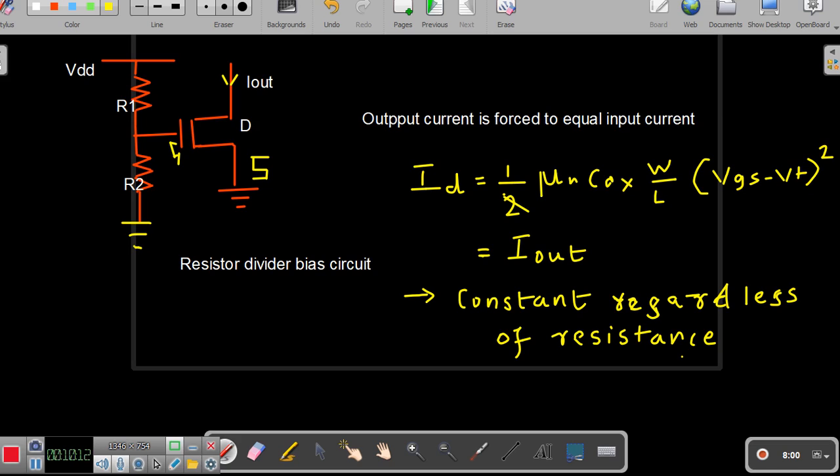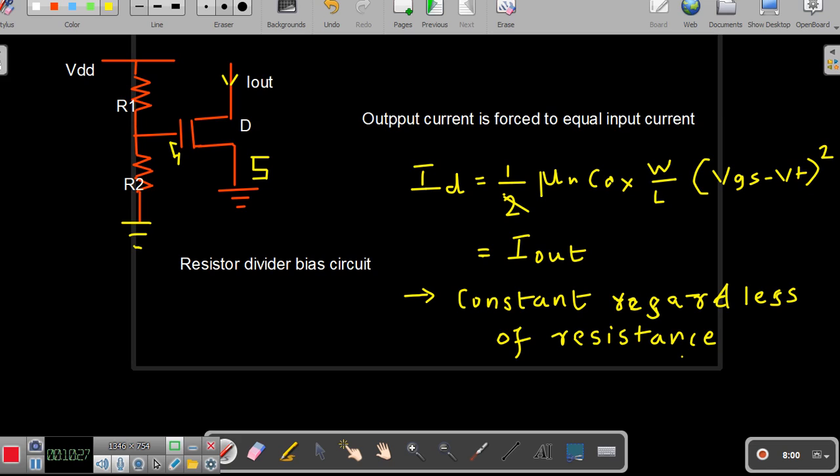Then only you will be able to get the exact application of these MOS devices or the differential pair or the differential amplifier. But here, in this particular case, ID equals half mu n COX W by L into (VGS minus VTH) whole square.